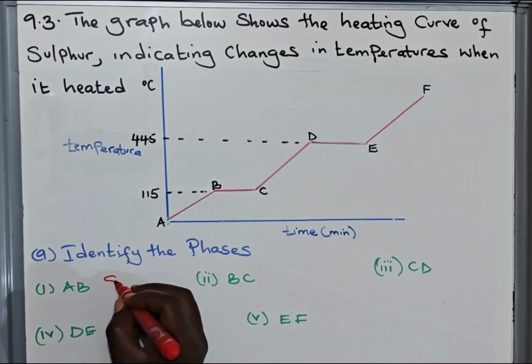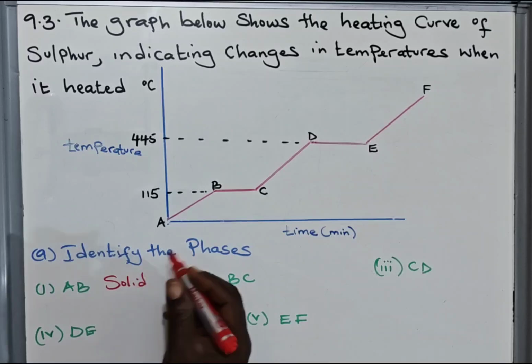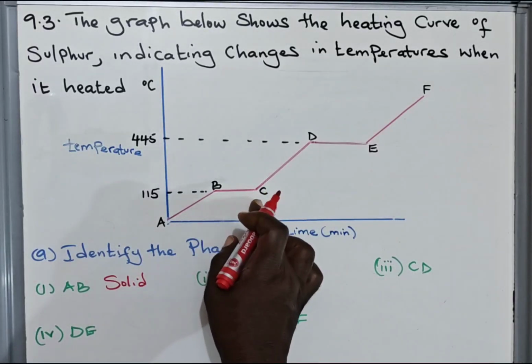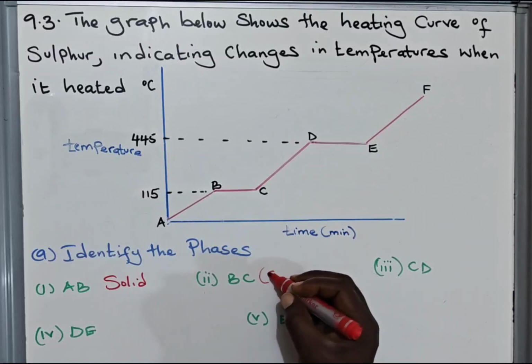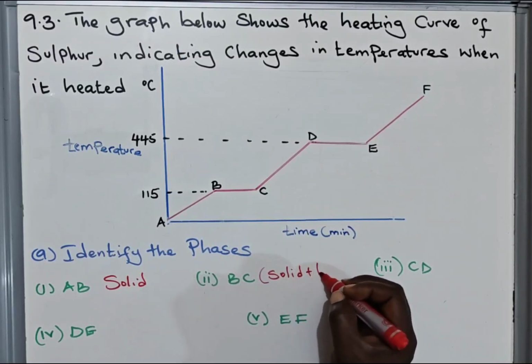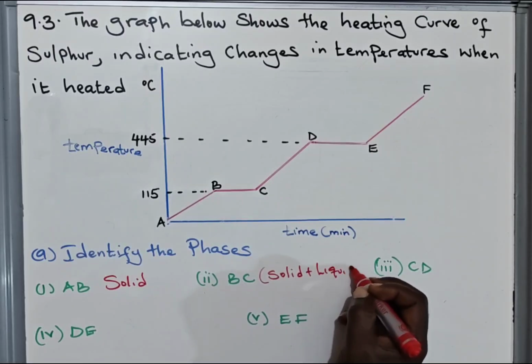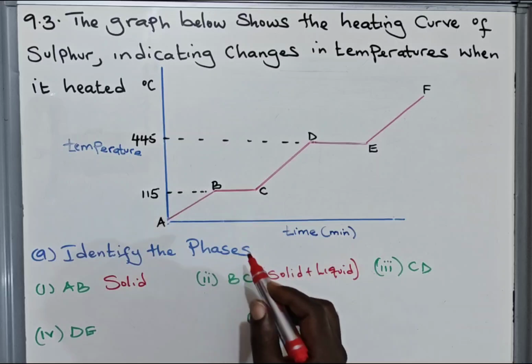That is solid phase. Okay. Then B to C. Which phases are there? It is solid plus liquid. There are two phases existing here.